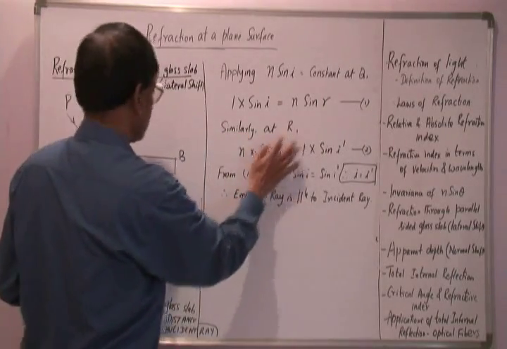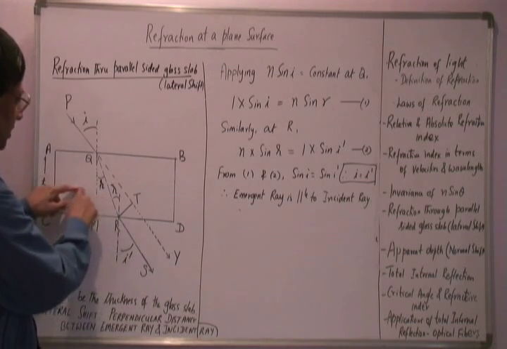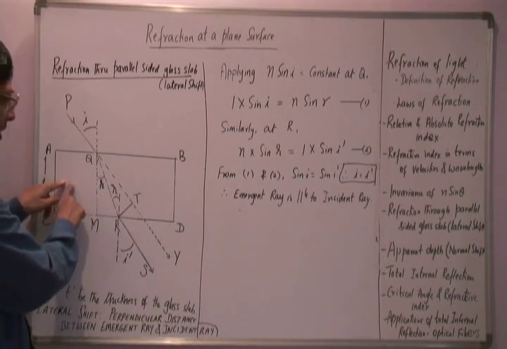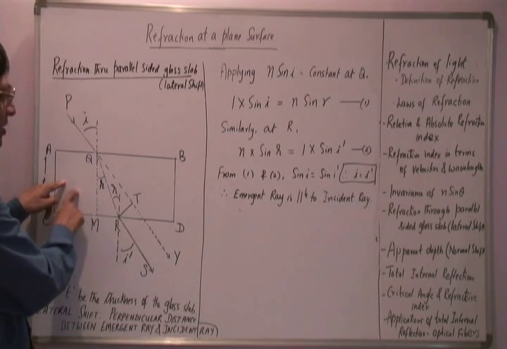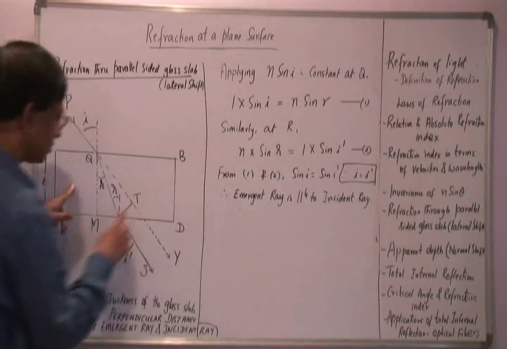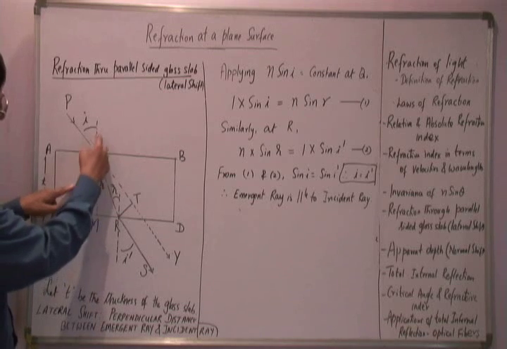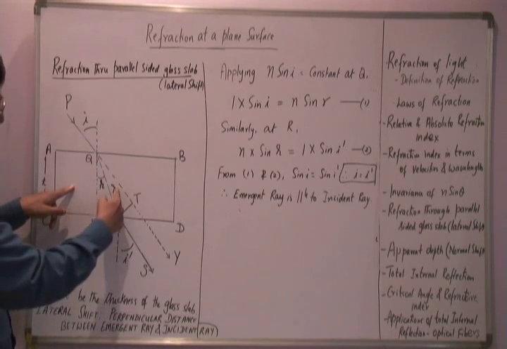Now I apply that concept to this point R. Here n is the refractive index of medium 2, or glass. So n into sine r, this is the angle of incidence now. You notice that this line is parallel to this line.